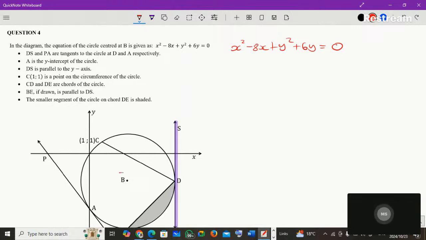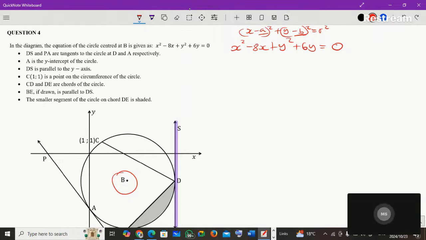Because in order to get the center, your equation must be in this format: (x minus a) squared plus (y minus b) squared is equal to r squared. Then you will have the coordinates of the center.